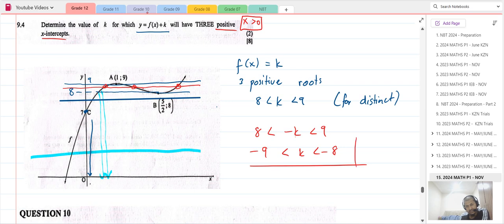So I'm looking at negative 9 because you have to shift this graph between 8 and 9 units down to get this, because usually we solve for things like this, but that's not the case. Determine the value of k for which y equals f of x plus k will have 3 positive x-intercepts. Yeah, I think this is the value of k.